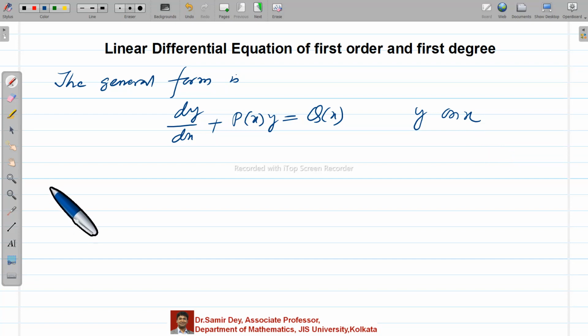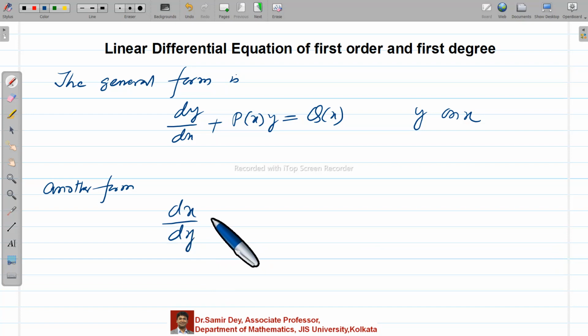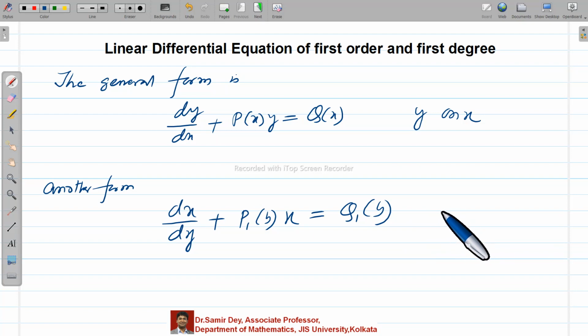Another form, it is just the reverse of it. That means dx/dy + P1(y)x = Q1(y). Basically it is x on y.